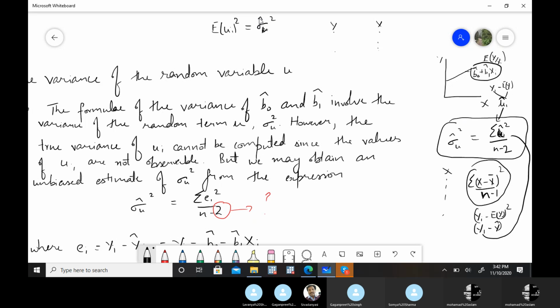In all the assumptions, we are using the variance of the population parameter. So we have to prove that the expected value of this particular variance of the samples is equal to the true variance of the population parameter.